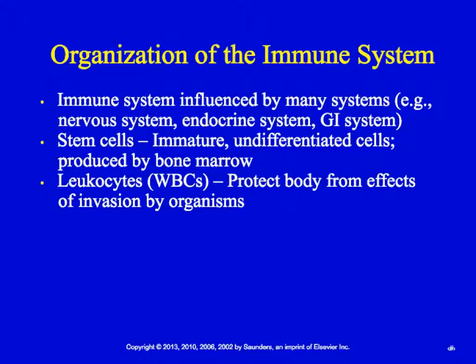The next slide is a picture of how the body produces white blood cells, where the stem cells come from, and basically where most of the cells of the immune system come from.